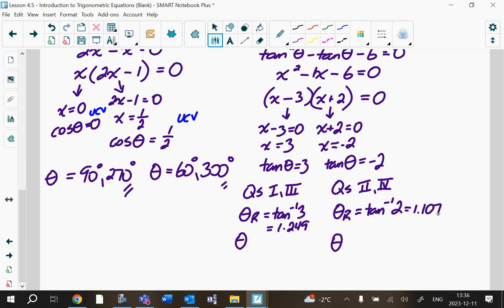So now we're ready to find the actual angles. So in quadrant 1, what's theta? If the reference angle is 1.249, same in quadrant 1. So that's one of my answers.